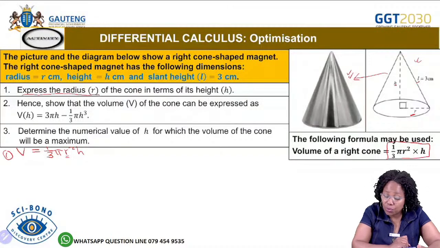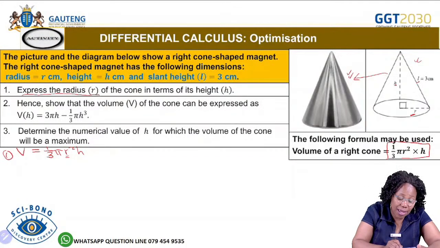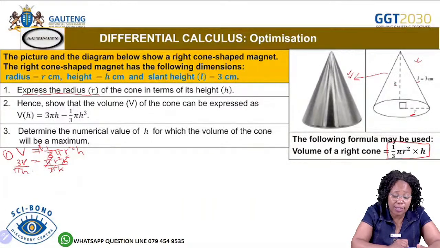So how are we going to do that? We are going to multiply by 3 both sides, then it will be 3V there. When you multiply this by 3, it will cancel that one, so you are left with pi R squared H. Then we divide both sides by pi H.